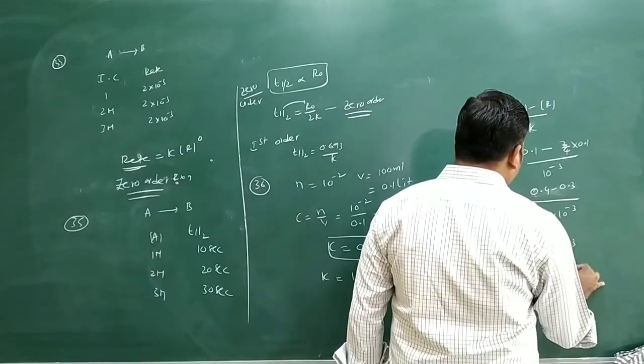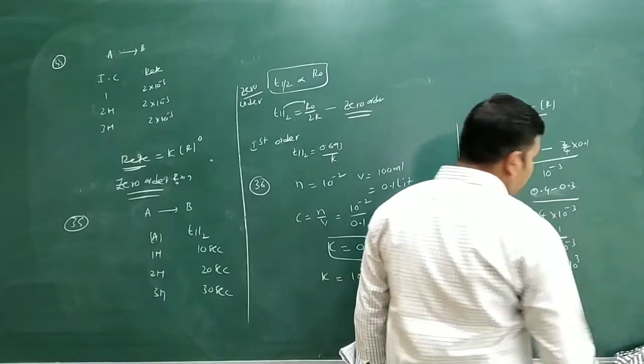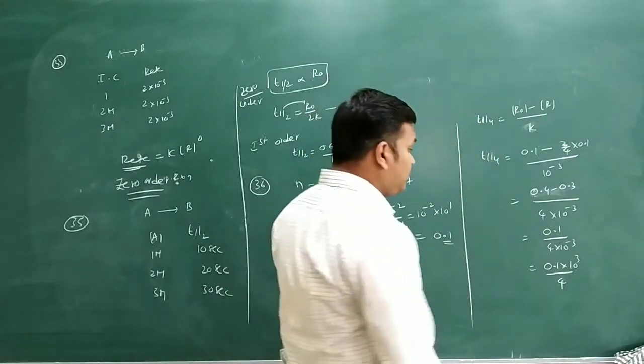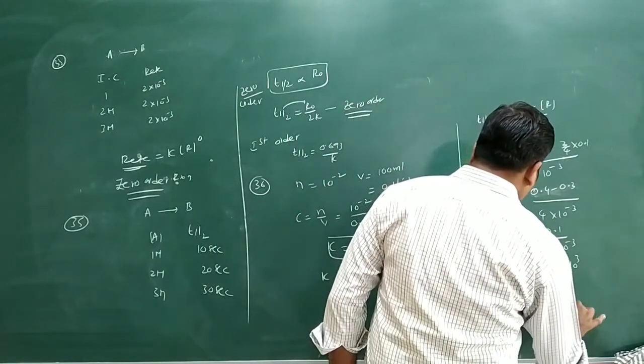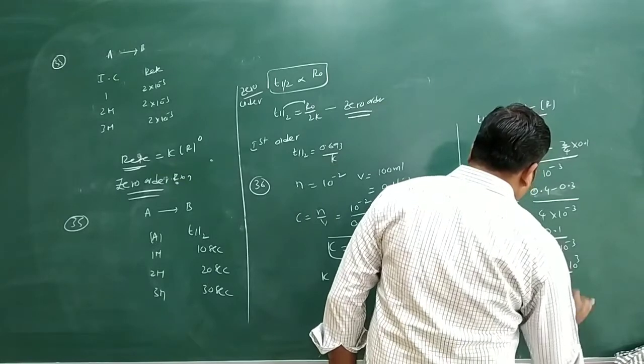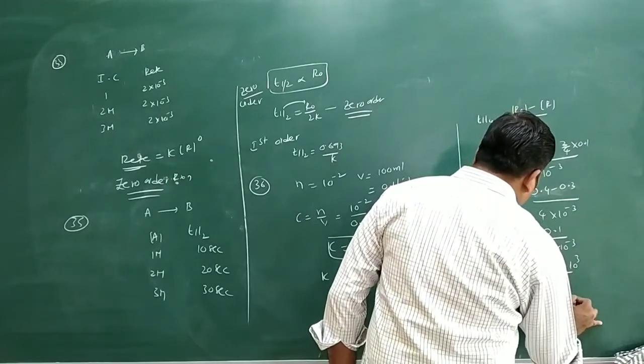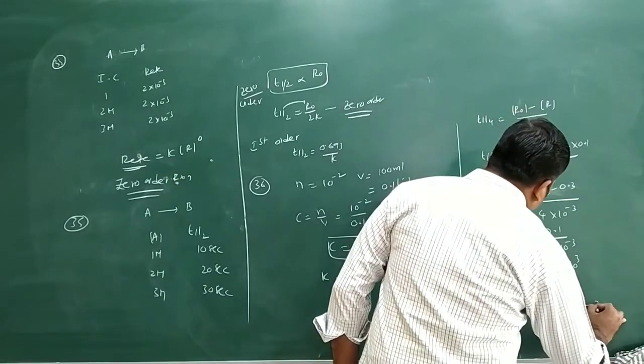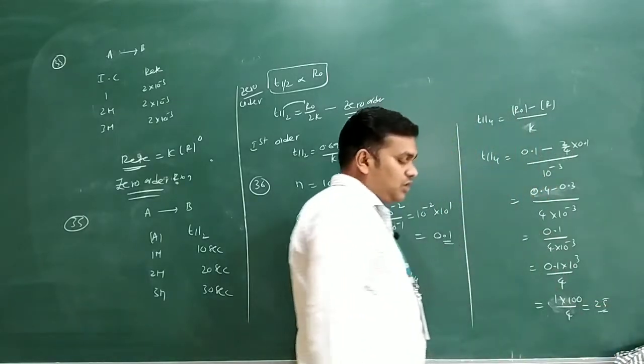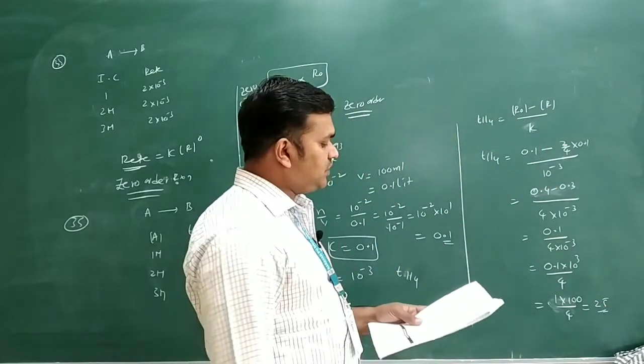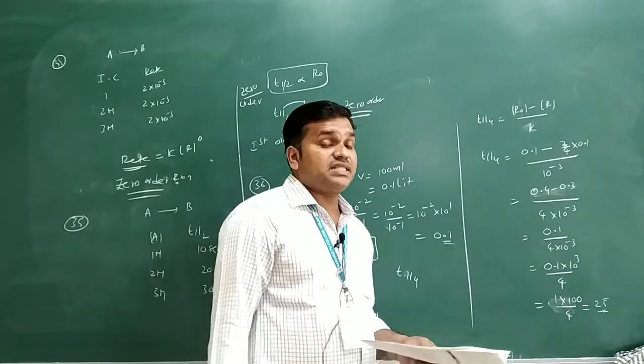I will write this as 0.1 into 10 cube by 4. 0.1 means 1 by 10, so I will write 1 into 100 by 4. That gives 25 seconds. So 25 seconds is the answer for this question.